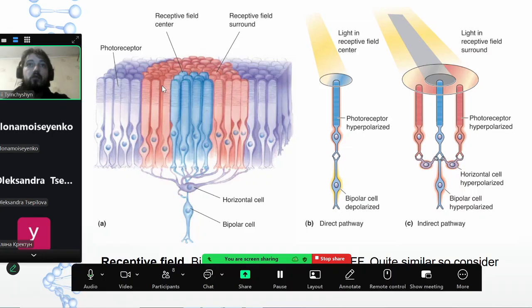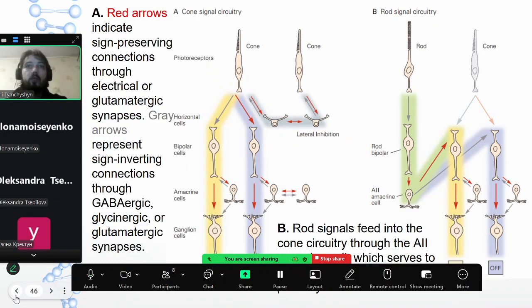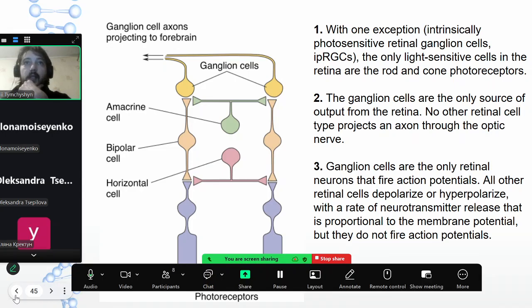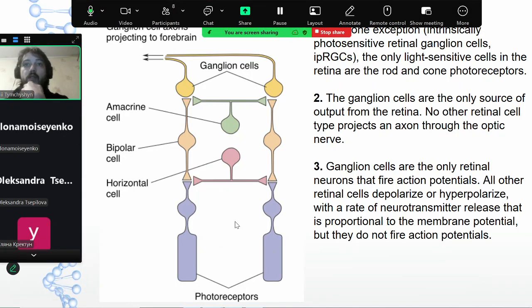Some of the photoreceptors that are surrounding this part are connected to the horizontal cell that is connected to the bipolar cell. And here you see a simplified view of these connections. Now I can return here and show you once again this simplified version of whatever is happening there.